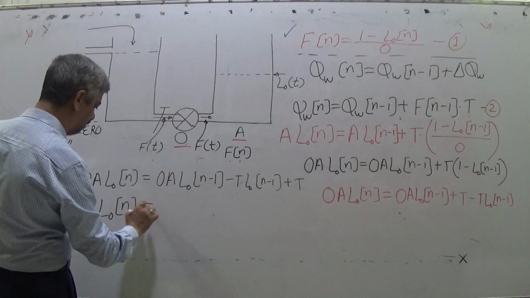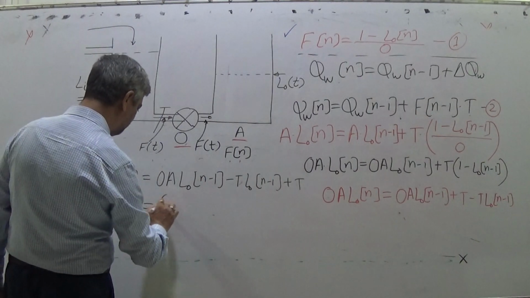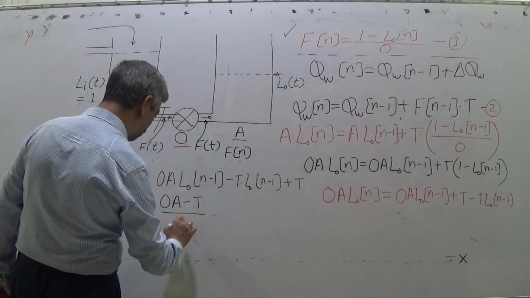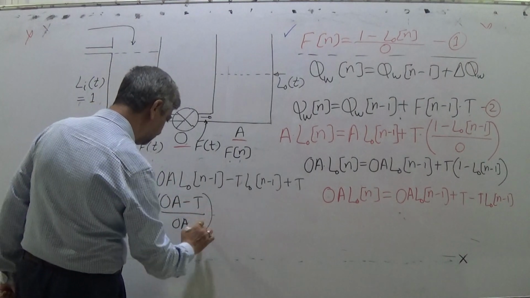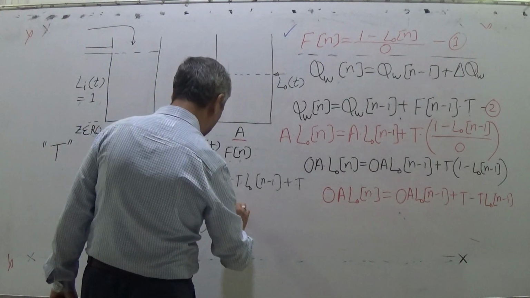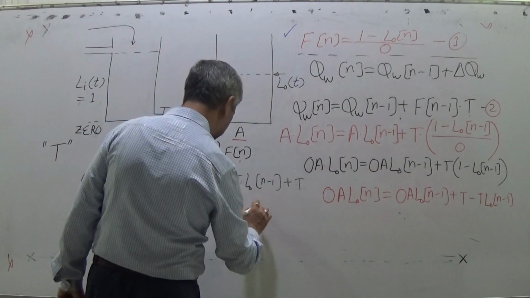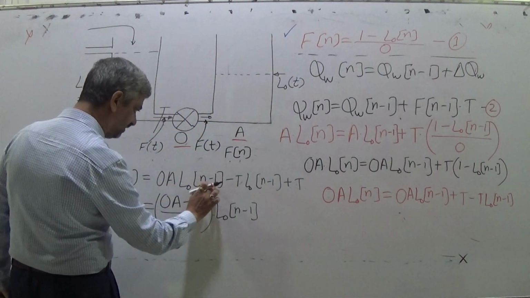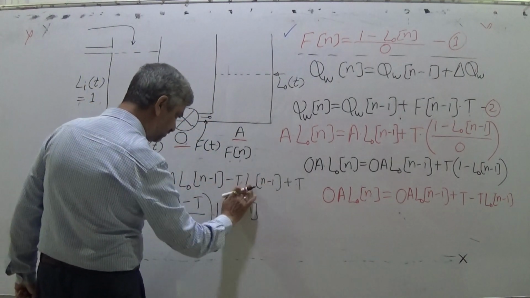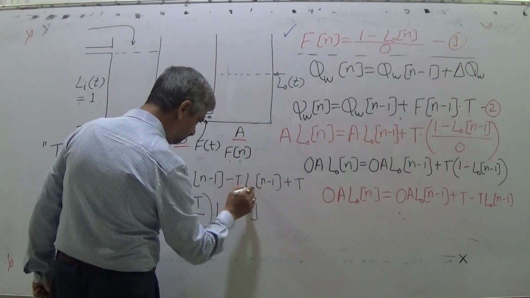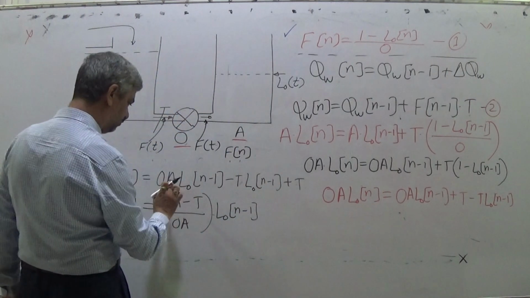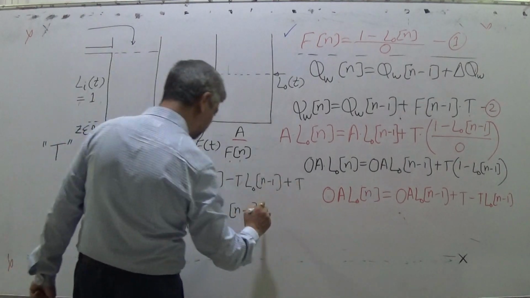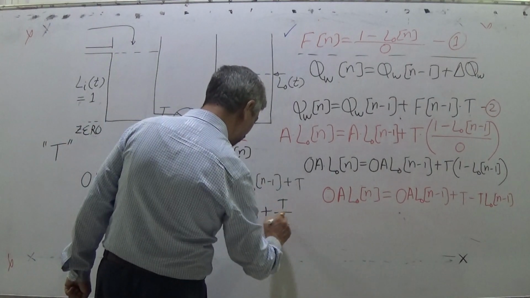LON, that is what we want, is equal to OA minus T upon OA, LON minus 1, OA LON minus 1 minus T LON minus 1 plus T. So OA minus T, this OA comes on this side, plus T is here upon OA.